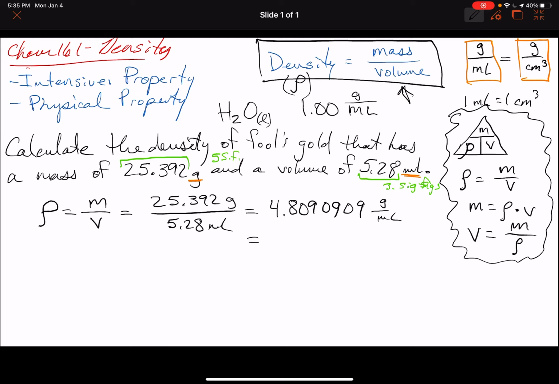So we need to end it somewhere around here, and we'll round up per our knowledge of rounding and report this out as 4.81 grams per milliliter as our final answer there. Okay, so notice that we've combined 2 base units here, the gram and the milliliter, to give us this ultimate answer in density, and these do not simplify any further to some special symbol for density. We report density as grams per milliliter.